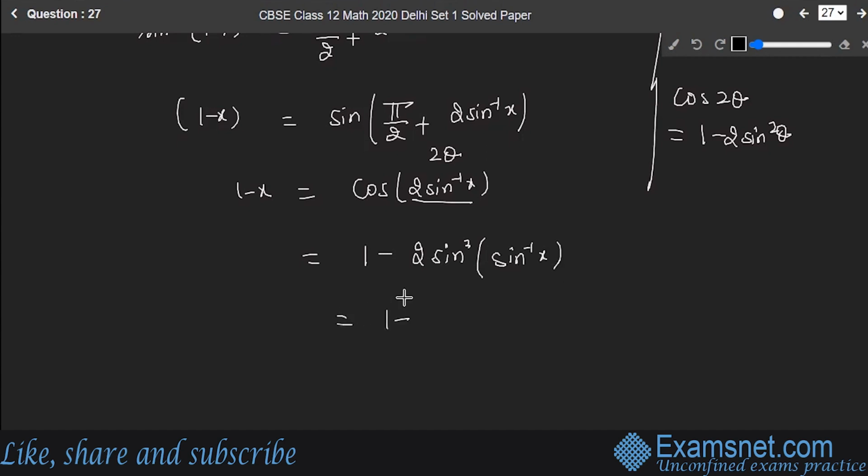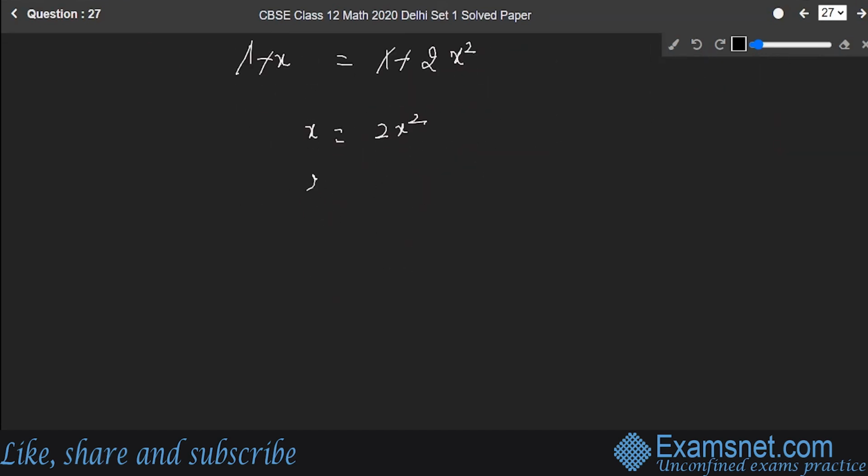This will be 1 minus 2 x square only. This is equal to 1 minus x. The 1 and 1 will cancel, and minus sign and minus sign will cancel.